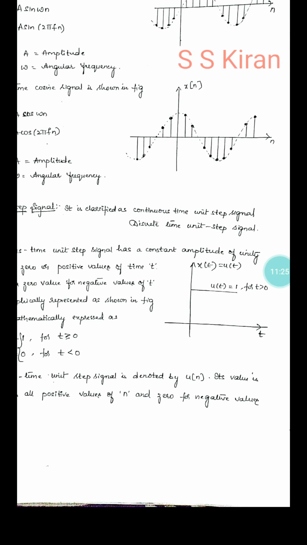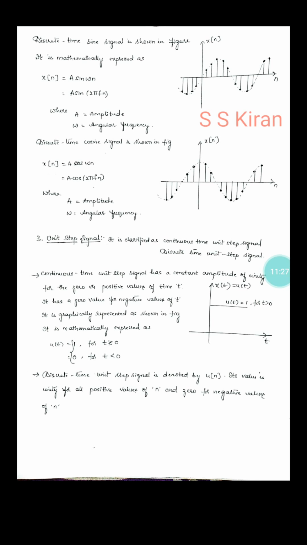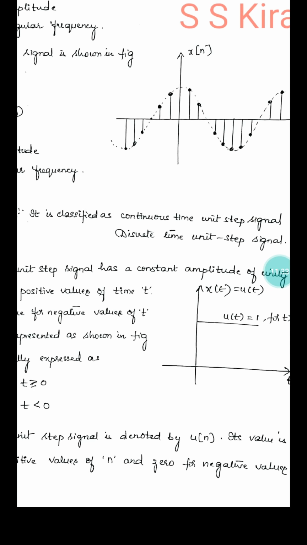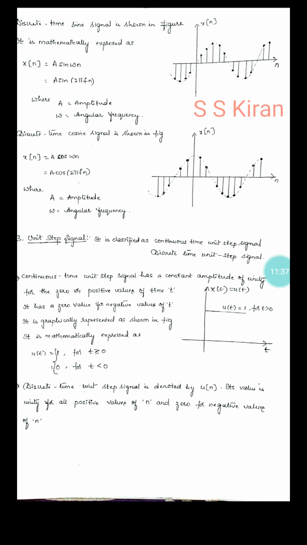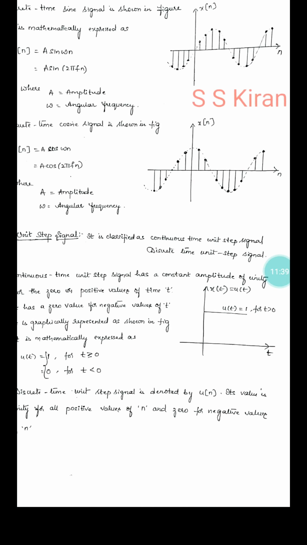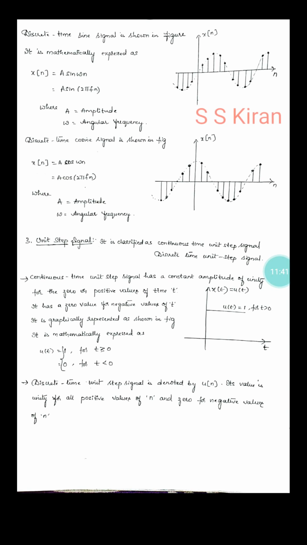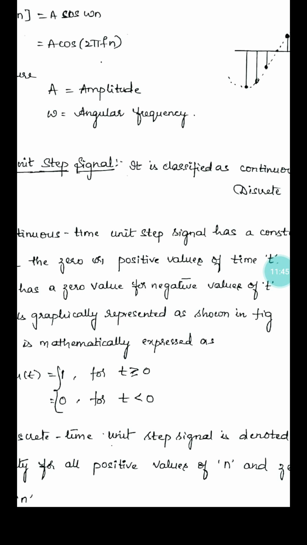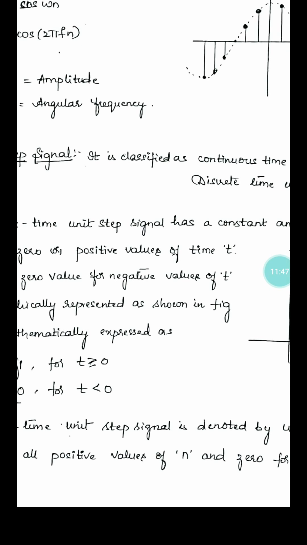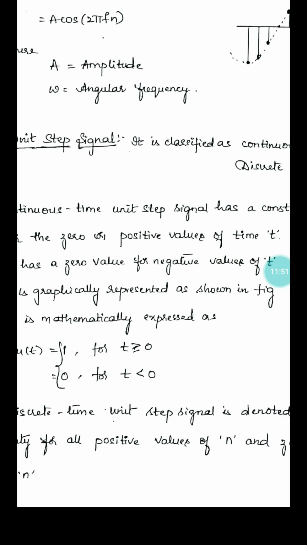As per the graphical representation, we have to write the definition. The continuous time unit step signal has a constant amplitude of unity, equal to 1, for zero or positive values of t, and 0 for negative values.